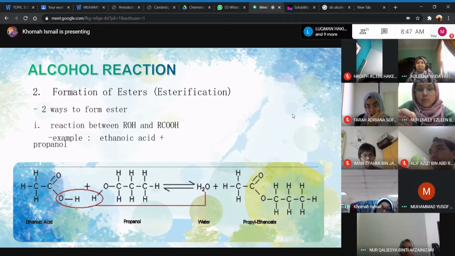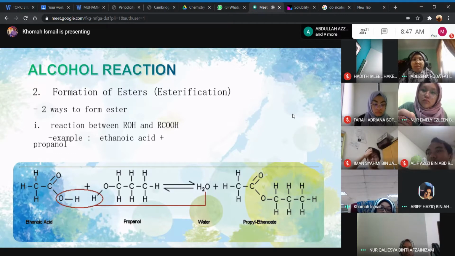So try to practice writing the name of this ester. Very easy. You just have to write the structure for the alcohol and the structure of the carboxylic acid. Sometimes you are given the name of the ester and you have to name the alcohol and also the carboxylic acid.